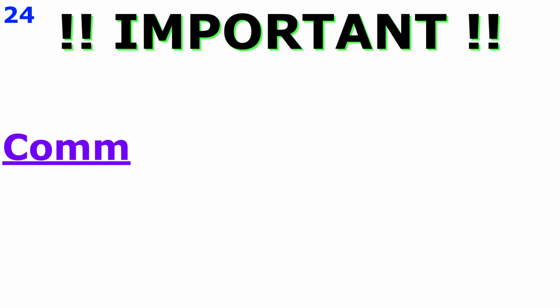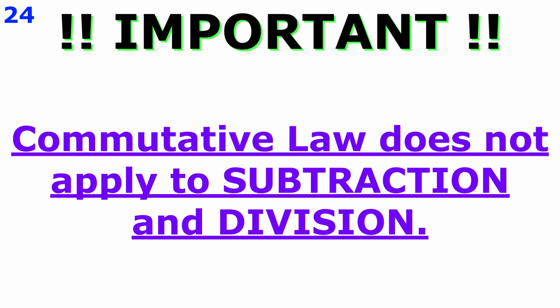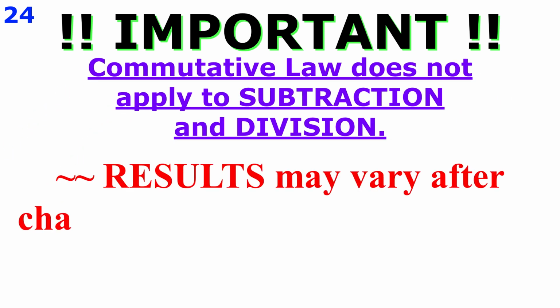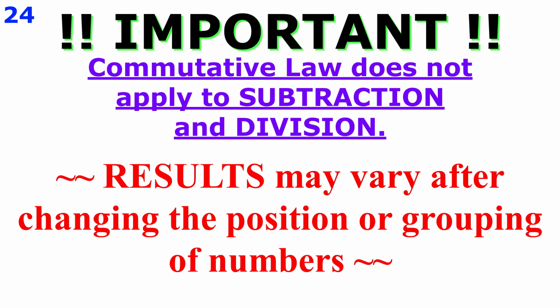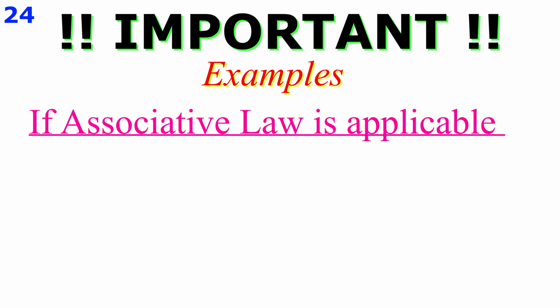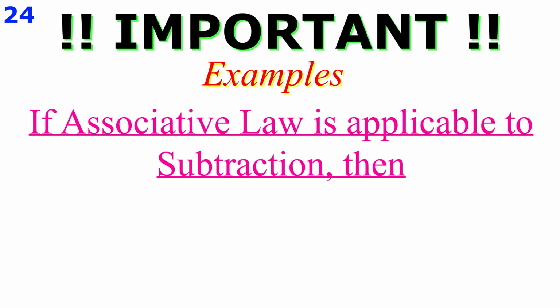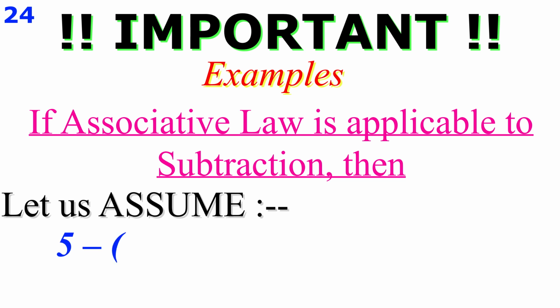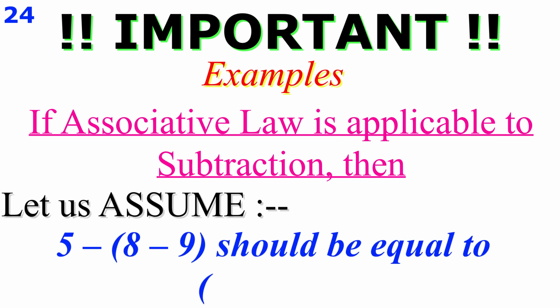But for other arithmetic operations, subtraction and division, the law is not applied, because there could be a change in result. This is due to change in position of integers. Suppose 5, 8 and 9 are three integers. Let us assume that associative law is applicable to subtraction.